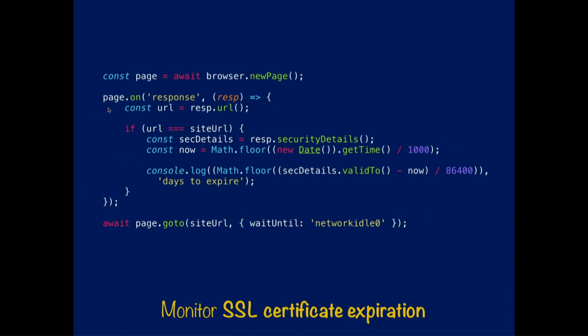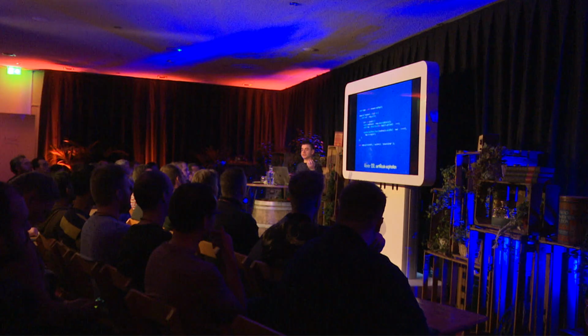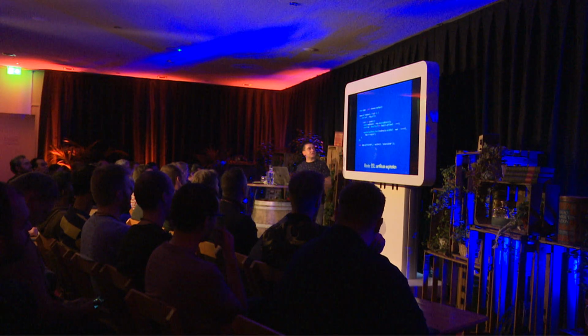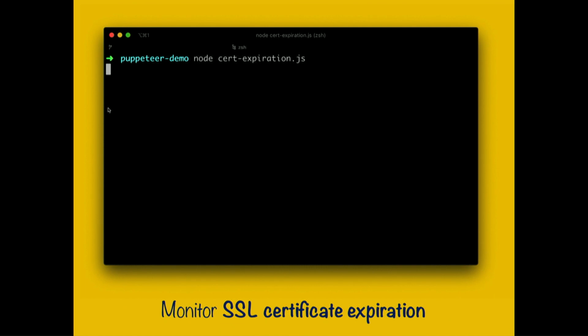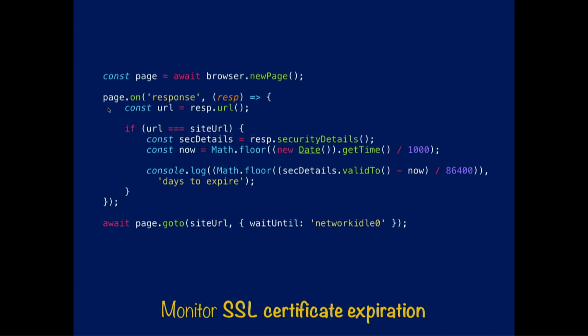You can introduce it into your CI. How it works, it listens to response. On response event, if it matches your web page, it will show how many days are left for the certificate coming with your web page. Then it will show you the result of that. In this case, it's like 400 days to go.